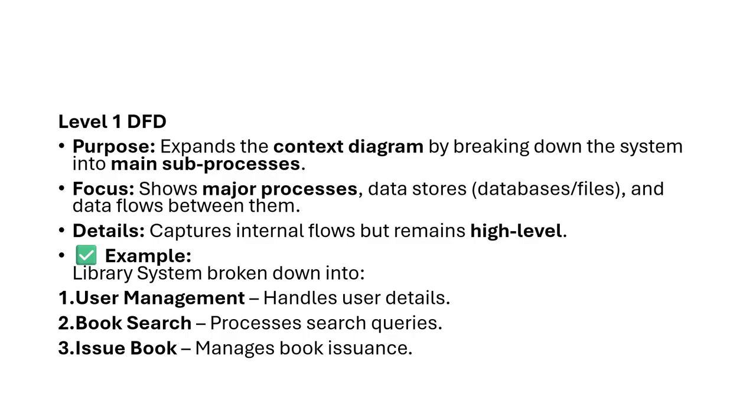It captures the internal flows between the different components of the system, but it remains at a high level. An example of level 1 DFD may be a library system broken down into user management that handles user details, a book search module that processes the search queries, and a module for issuing books that manages book issuance.